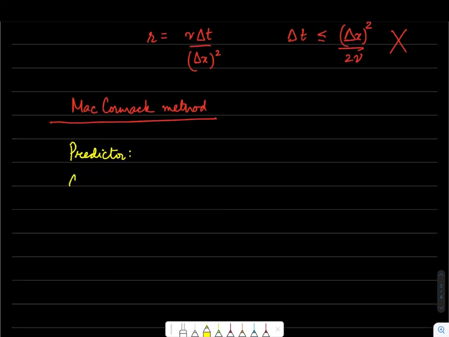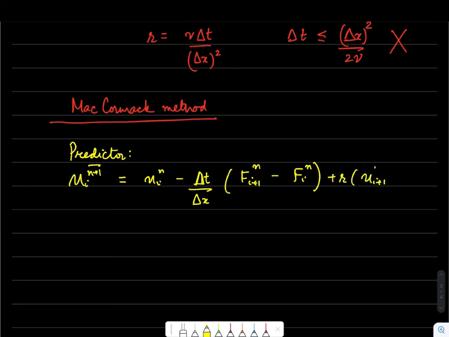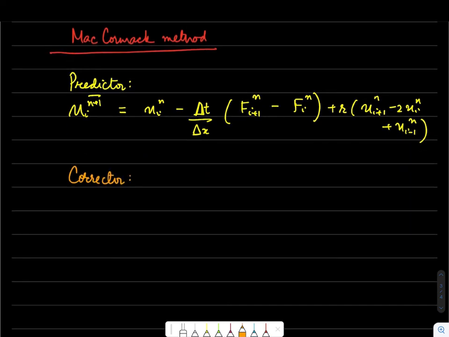The predictor is u_i^(n+1) bar is u_i^n minus delta t by delta x (f_(i+1)^n minus f_i^n) plus r (u_(i+1)^n minus 2 u_i^n plus u_(i-1)^n). But now the corrector step uses this predicted value of velocity to update the estimate.